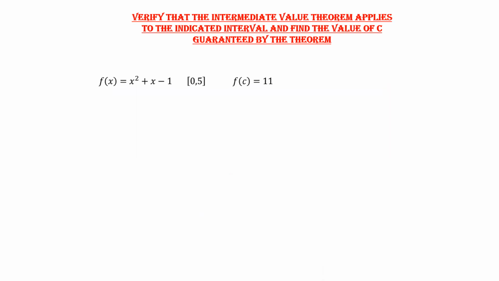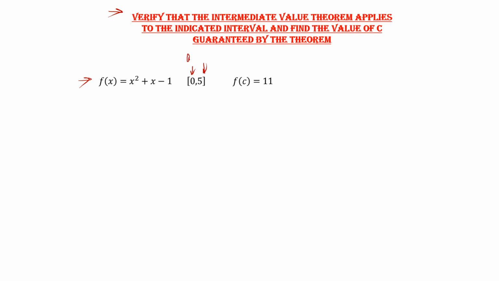So let's take an example. What you have to do is verify that the IVT applies to the indicated interval and find the value of c guaranteed by the theorem. The question is f of x equals x squared plus x minus 1, on the closed interval 0 to 5.